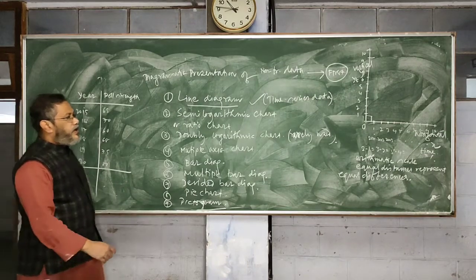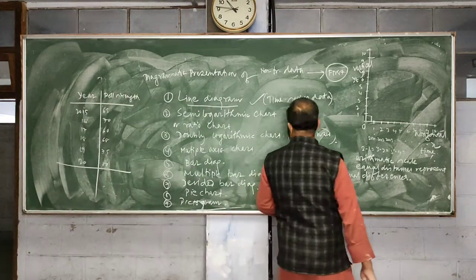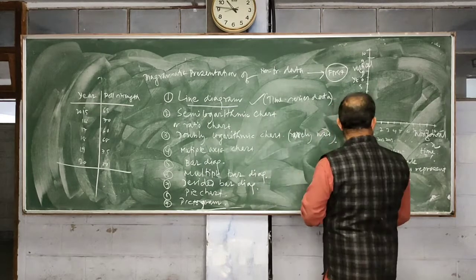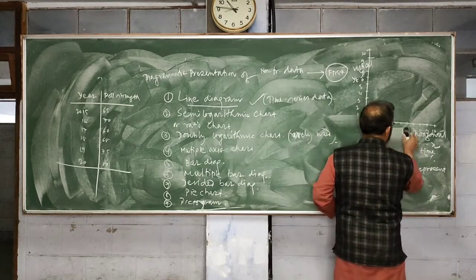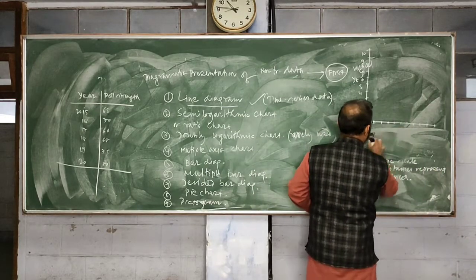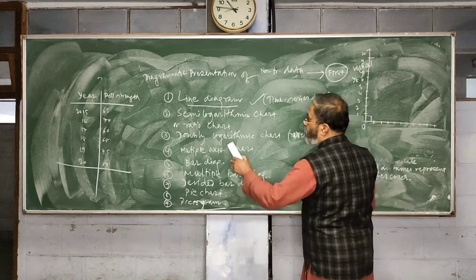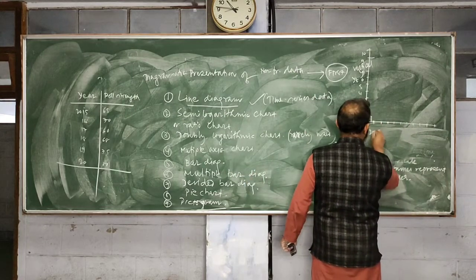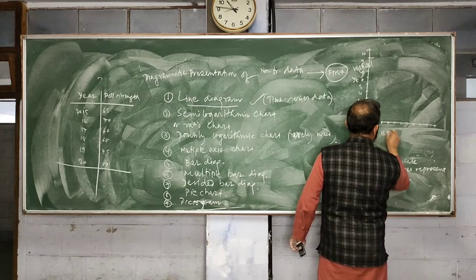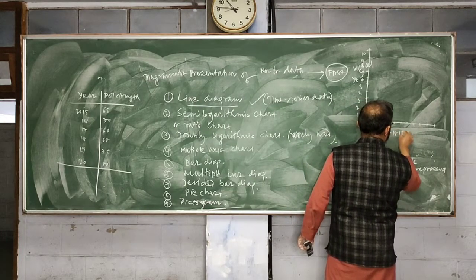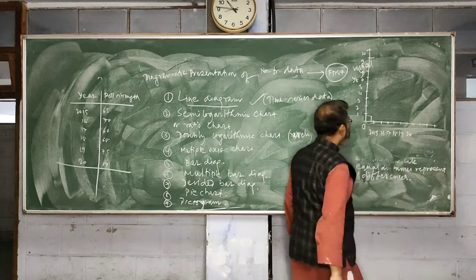Now see here, to represent such time series data for 6 periods, here I will take the first period 2015, then 16, 17, 18, 19, 20.